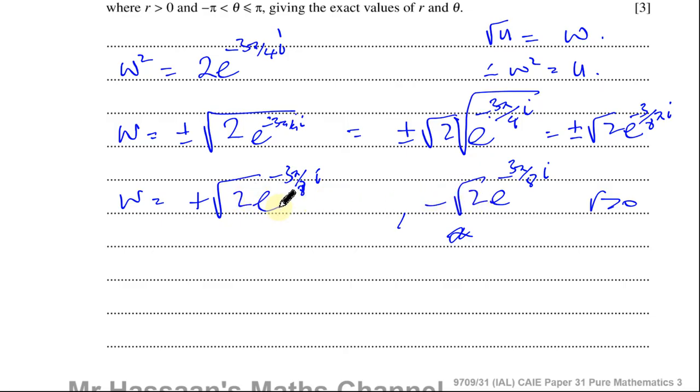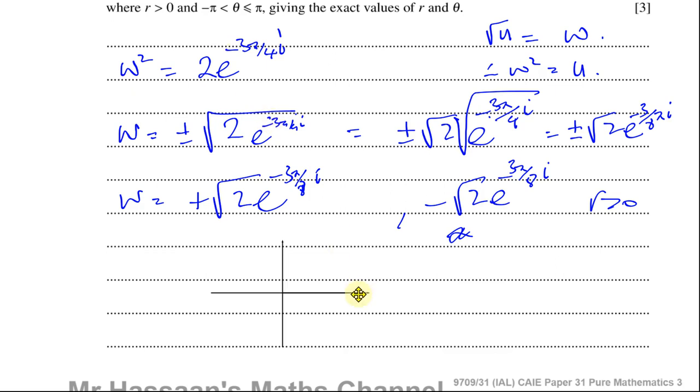Now, you can think of these as being like opposites of each other in a way. So if I take the answer that we're given first, the argument is going to be minus 3 pi over 8, and the radius is going to be root 2. So minus 3 pi over 8 is going to be in this direction over here.